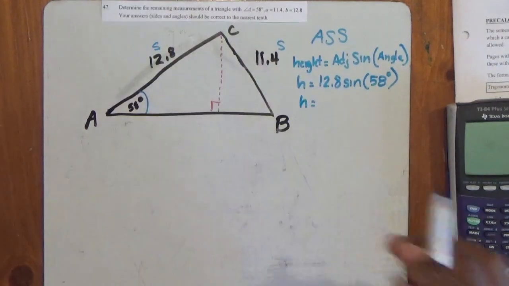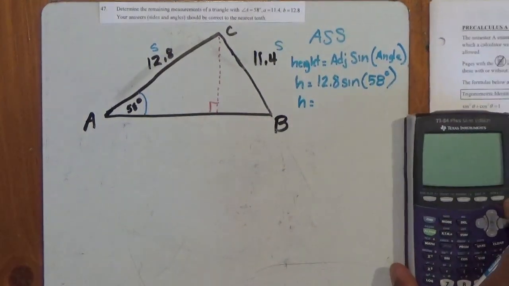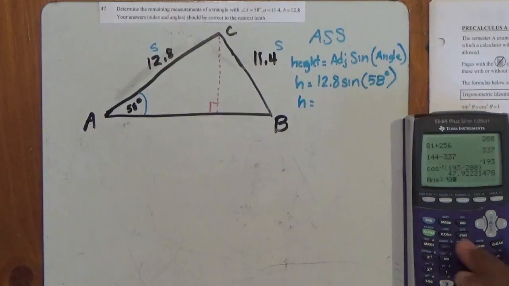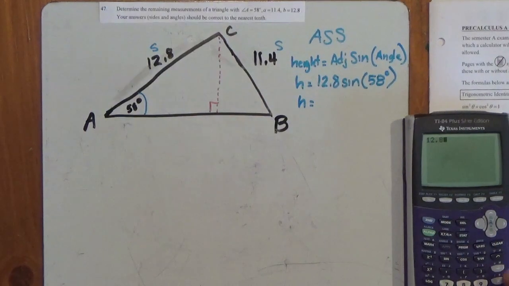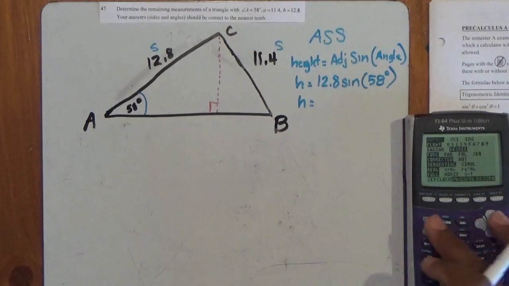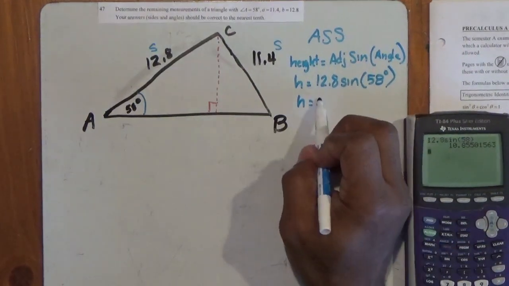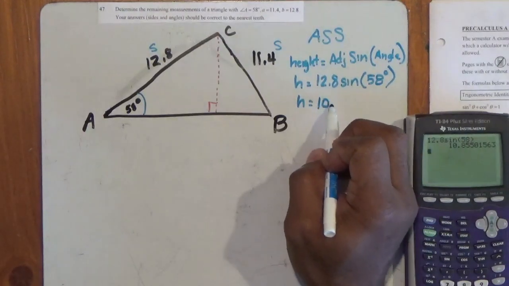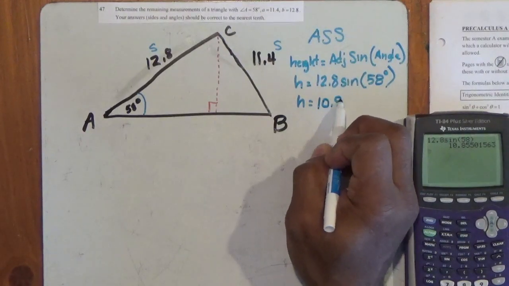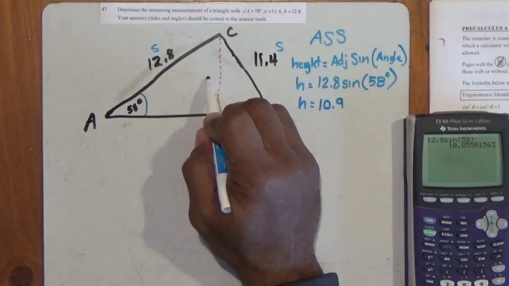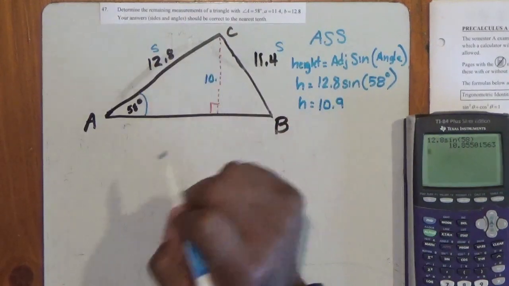So the height is 12.8 sine 58 degrees. Let's make sure we're in degrees, yes. Enter. So we have a height of 10.9.